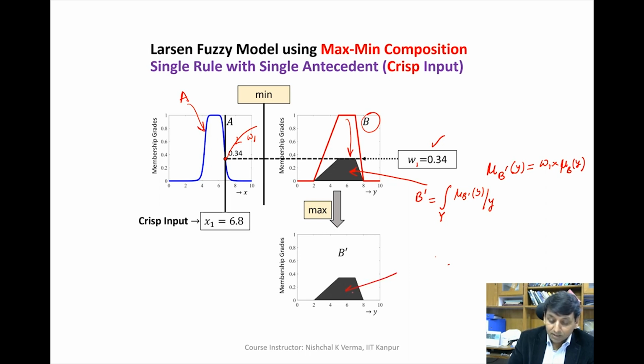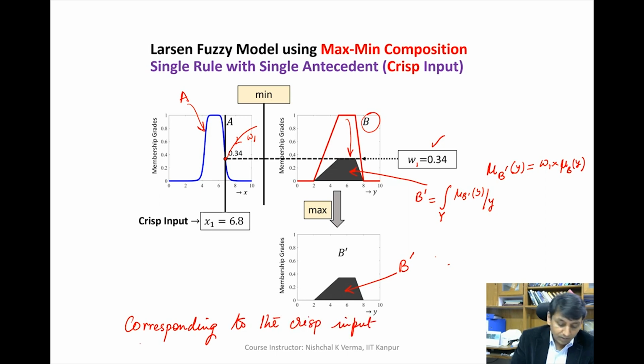So this is the output B dash, corresponding to the crisp input x1 is equal to 6.8.